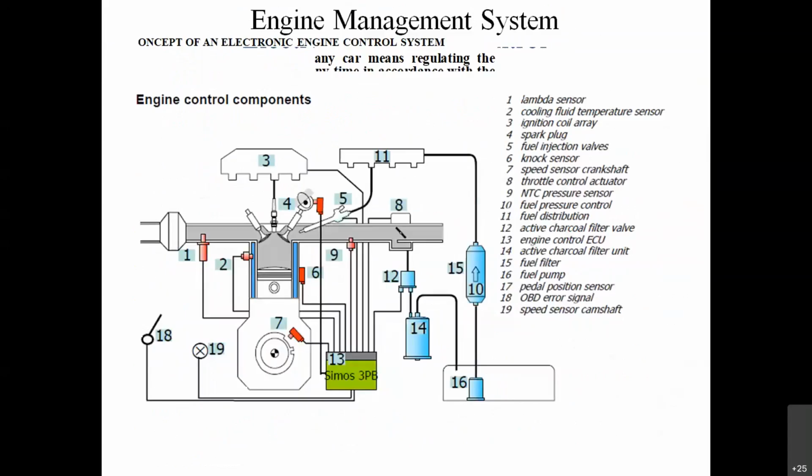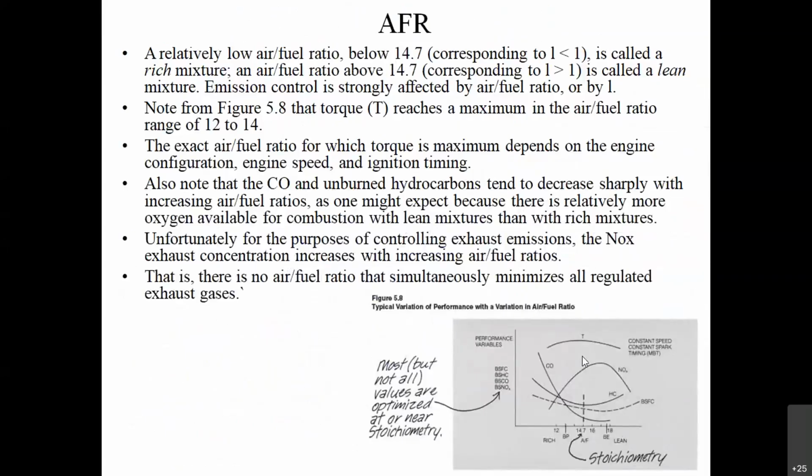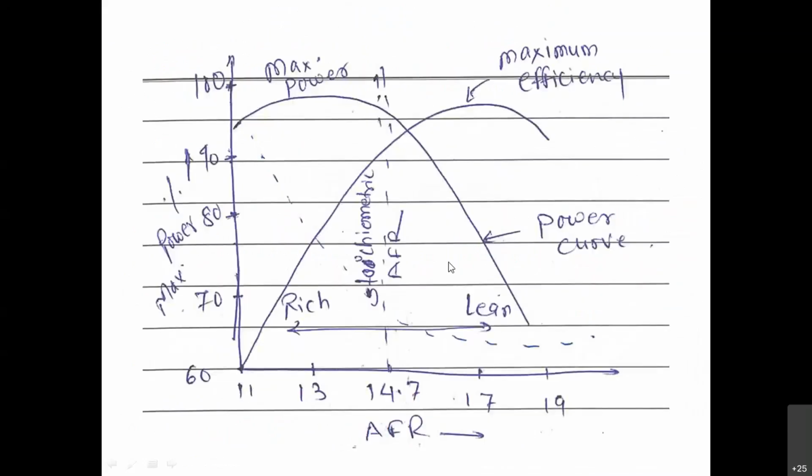Reduction in the pollutants can be explained from this graph, and this is where you get maximum fuel efficiency, because the amount of fuel added is less as compared to air. So it is giving us fuel economy or fuel efficiency, and this part is giving us maximum power.